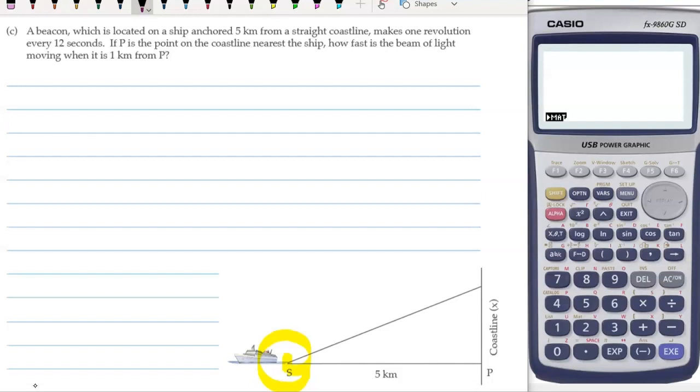So we'll be interested in this angle here, theta. The light is moving inwards from the ship towards the coastline and filling up that space as it turns around. So we want to know when the light gets to be 1 kilometer away from P, so just here at 1 kilometer, then how fast is that beam of light moving?